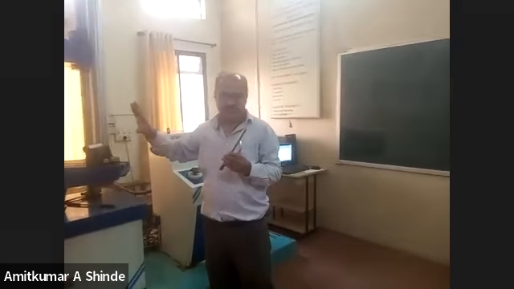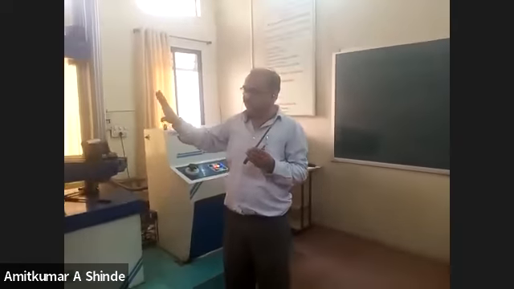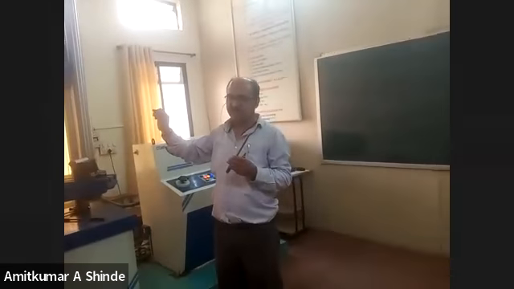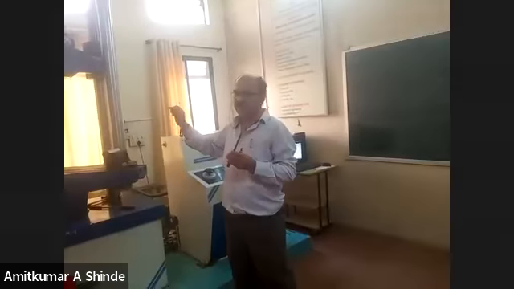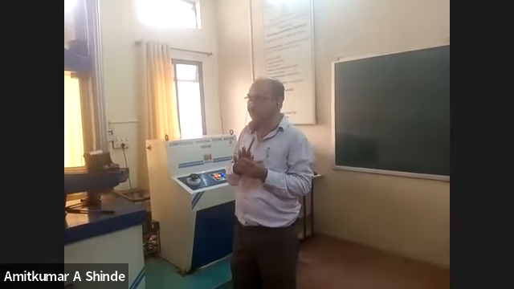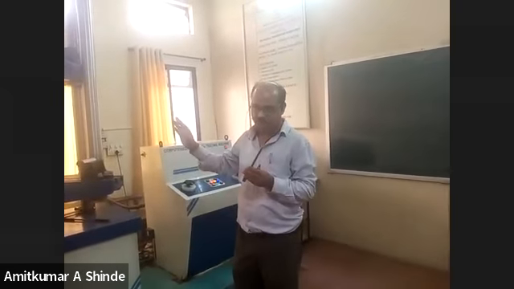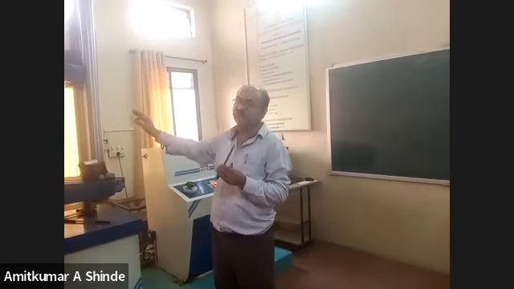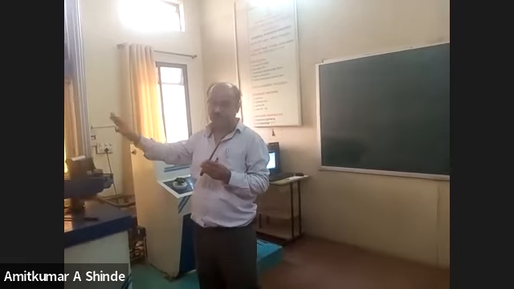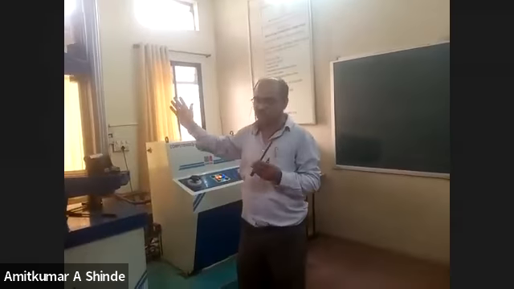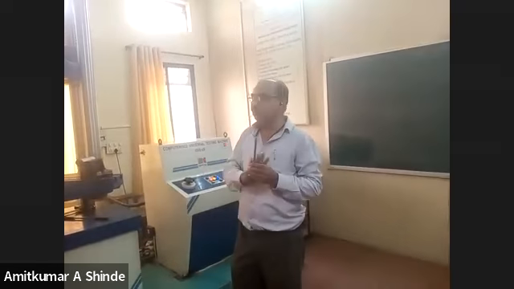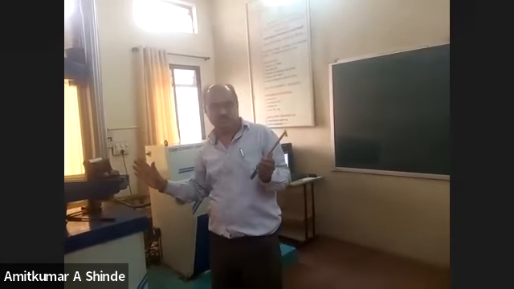It is given in the Indian standard book. Suppose tensile strength there is 55 kg per mm square. If this is the same material, your tensile strength must be minimum 55. What is specified in the Indian standard book is the minimum. Above that it is allowed, but if it is below that, you can reject that material.